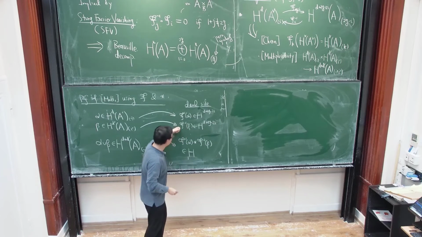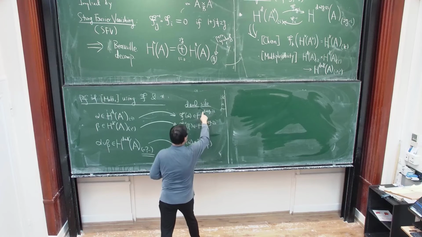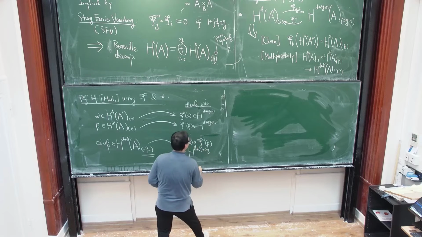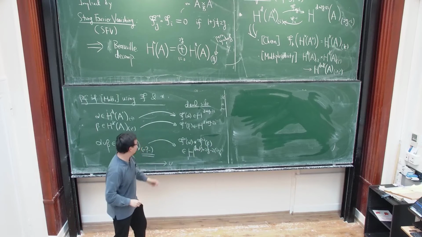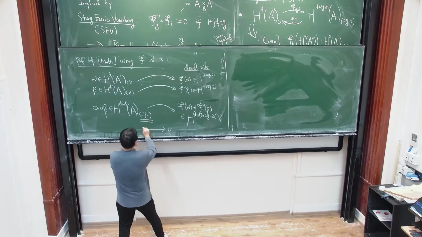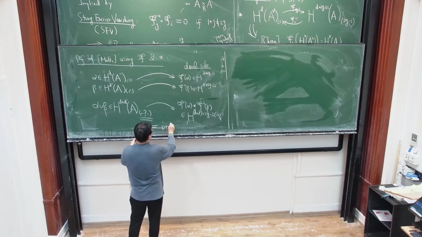Doing the convolution product, the cohomological grading would be: you add these two and subtract 2g. So this is d plus d prime plus 2g, one copy of 2g, minus 2 times (i plus i prime). Having this, you can read off this question mark immediately: it has to be i plus i prime.